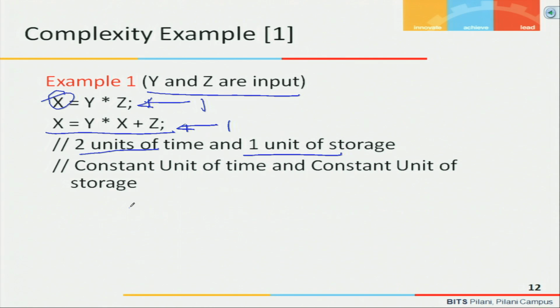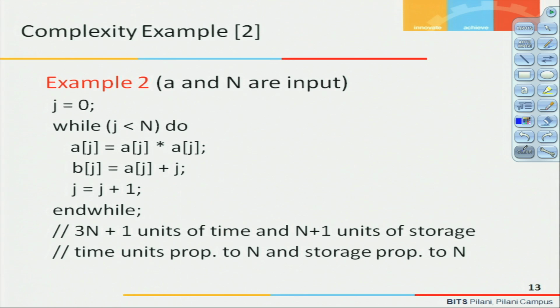As we will probably see, the next slides will give more insight into what we really mean by constant unit of time and constant unit of storage. Let us look at a little more complicated example in which you do not have a straight line program, but you have a loop.